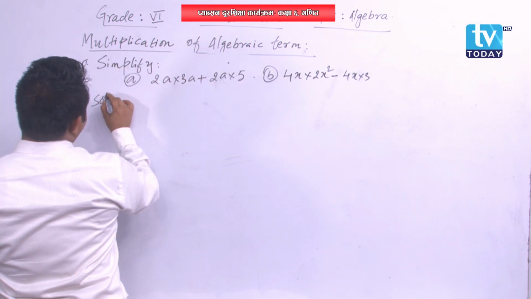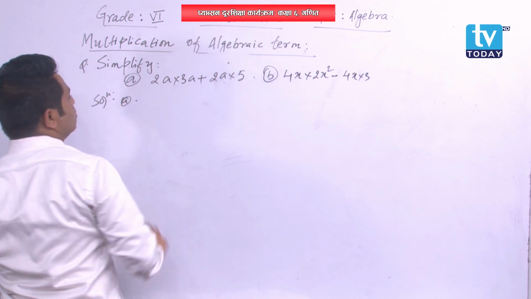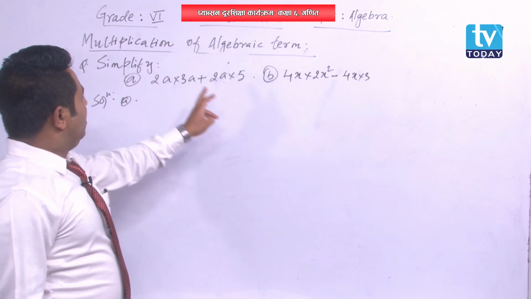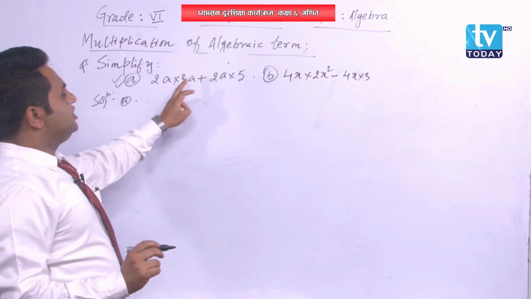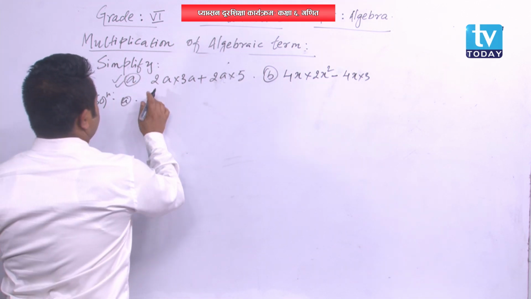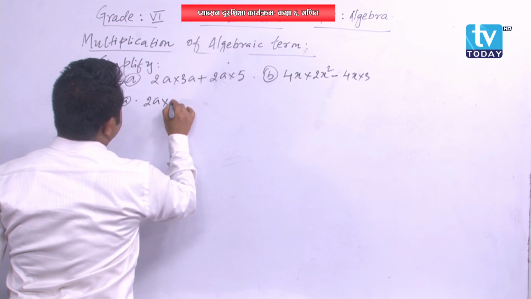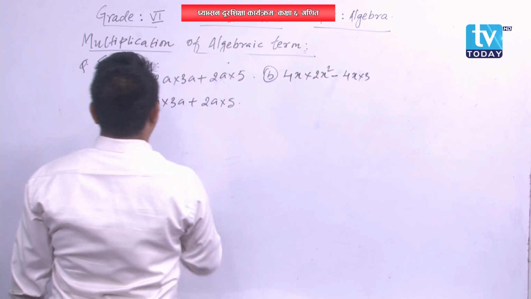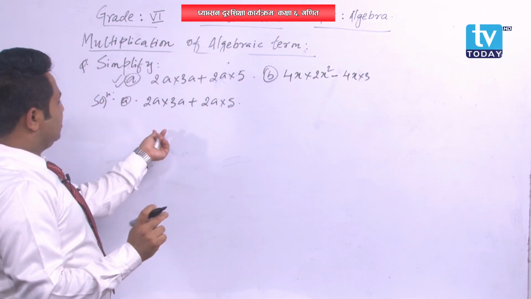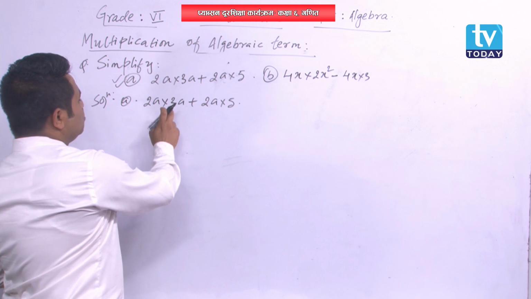Solution of A. Here is our question: 2a into 3a plus 2a into 5. Sure, we already discussed this type of question. 2 3s are 6.